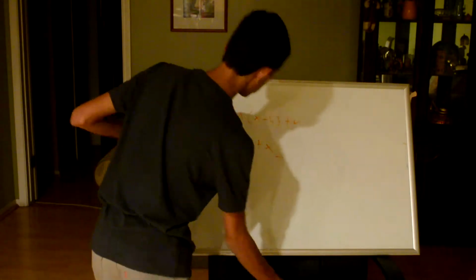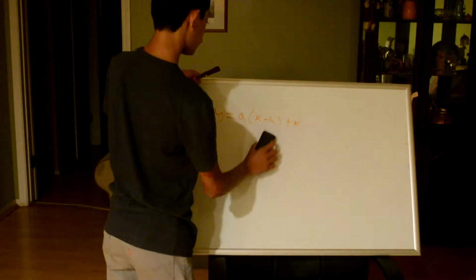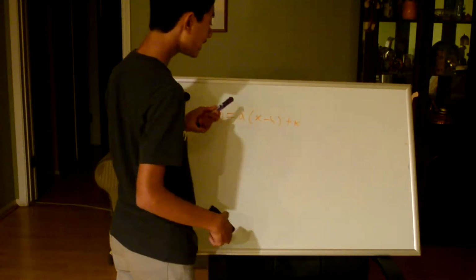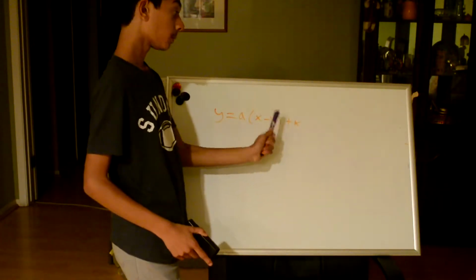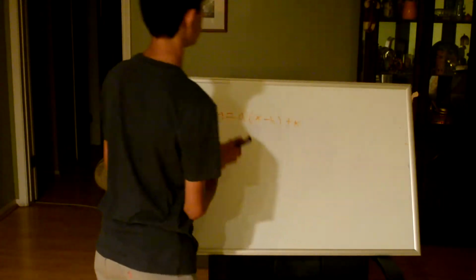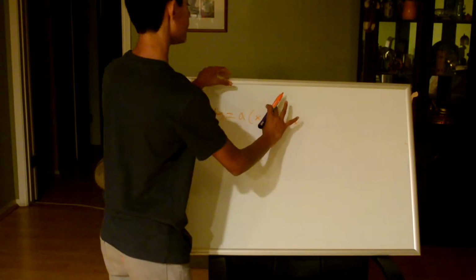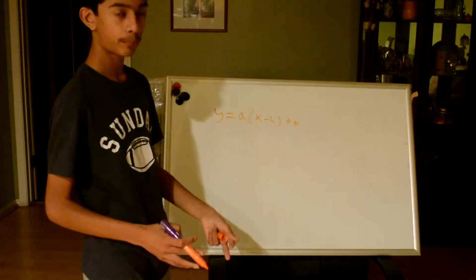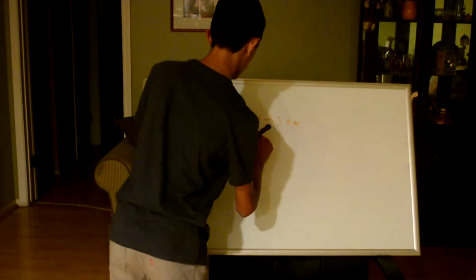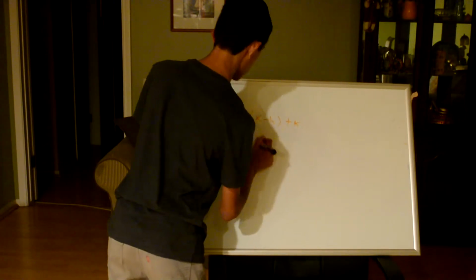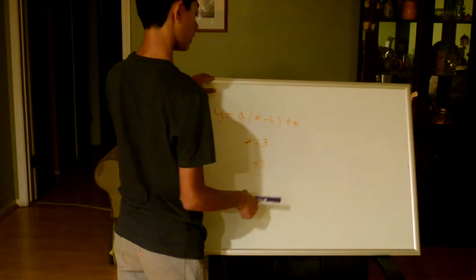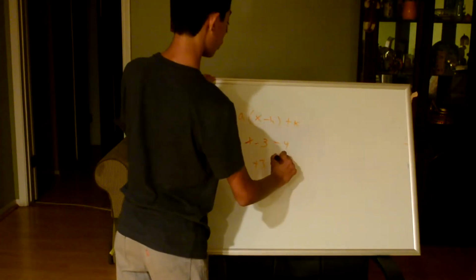Let's see what we've learned so far today. We've learned the graphing form y equals a(x minus h) squared plus k. So the h will always be the opposite. For example, if it is x minus 3, it will be positive 3. If it is x minus 4, it will be positive 4.